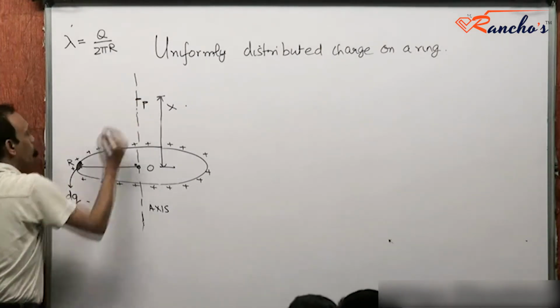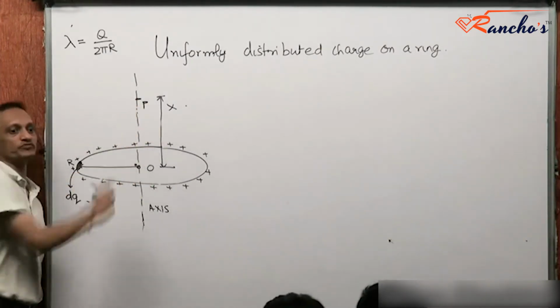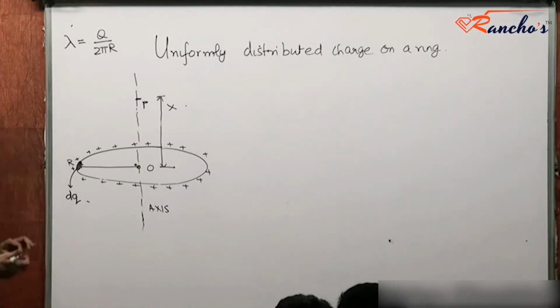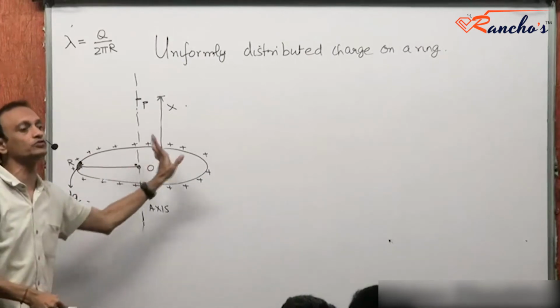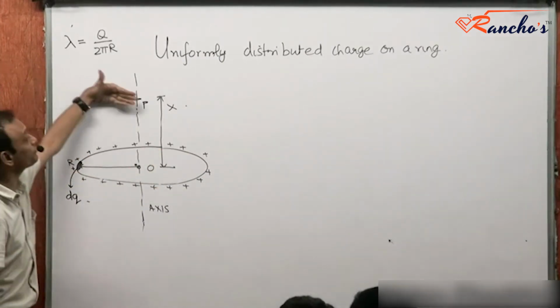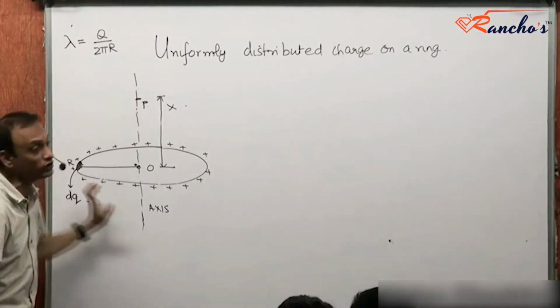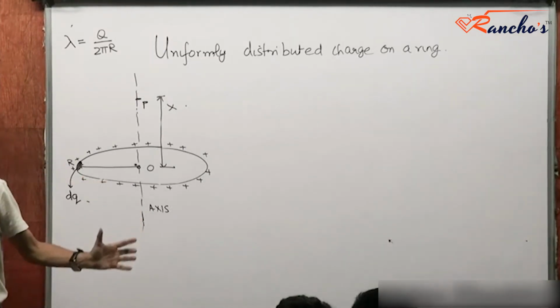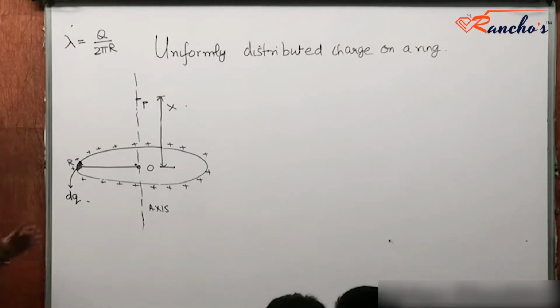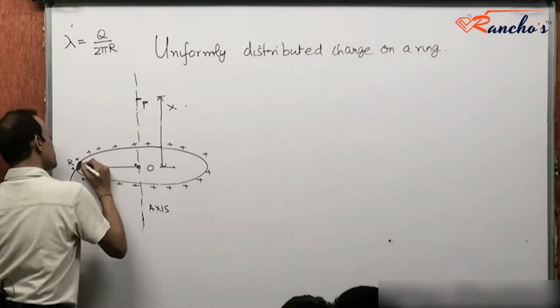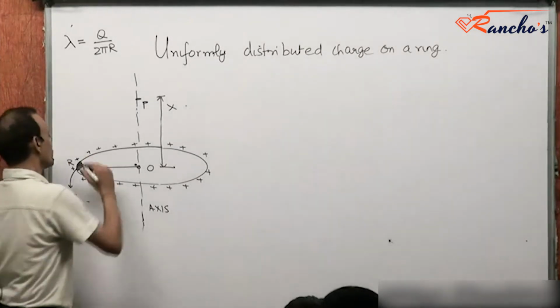Now, at the point P, I want to compute the electric field at P. So what I do is, I fragment the ring into several dqs, compute the electric field vector at P because of all the dqs, and then carry out a summation of the electric field at P. This is the premise, right? Now, at P, this is almost like a point charge.